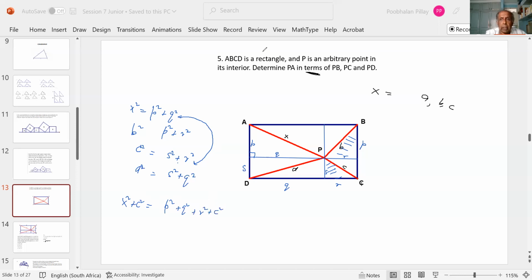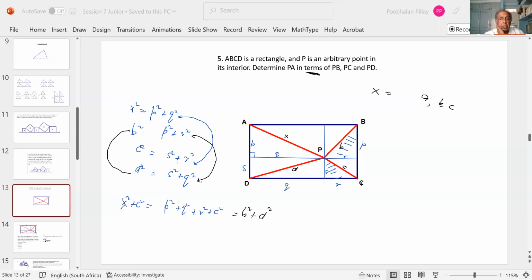But then, when you add those two, you're going to get the same. When you add these two, you'll also get P squared, R squared, Q squared, S squared. So you've got P squared, Q squared, R squared, and S squared, even when you add these two. And that's the same as B squared plus D squared.